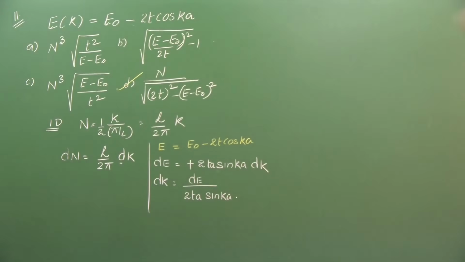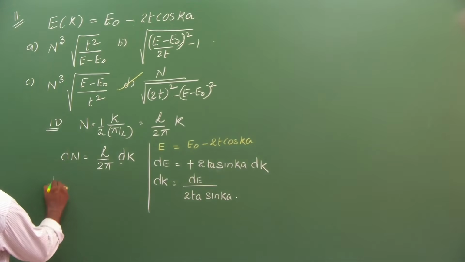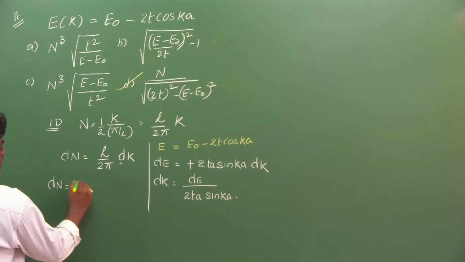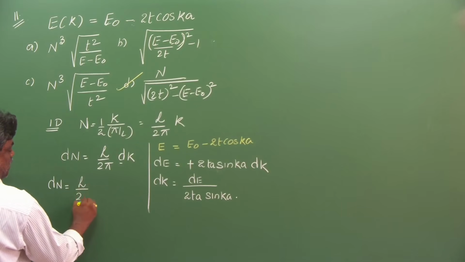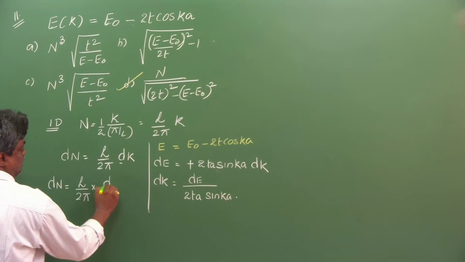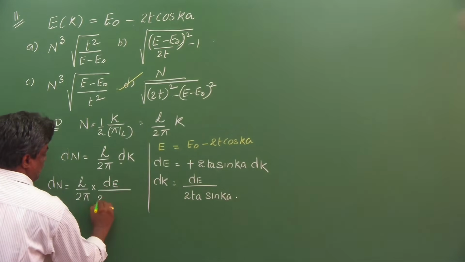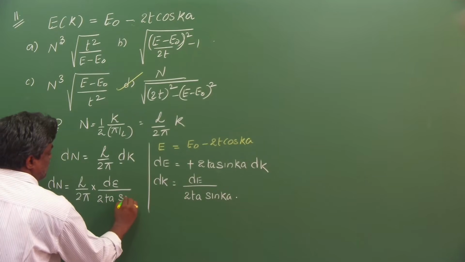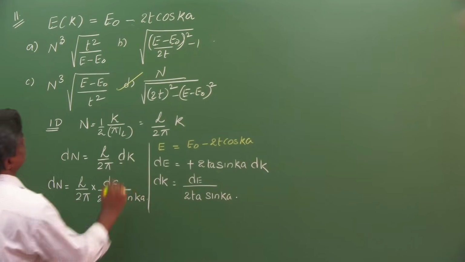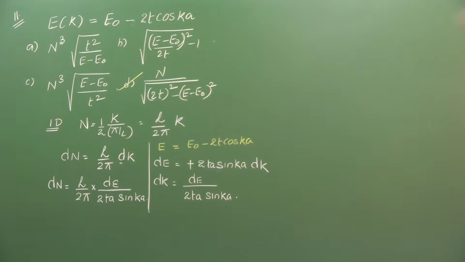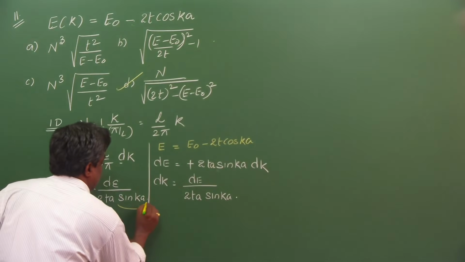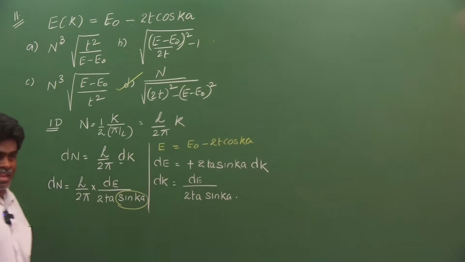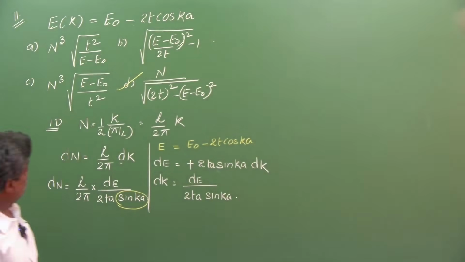So now you can substitute this: dn equal to L by 2 pi into dE by 2ta sin ka. I think you have to replace this sin ka with cos ka.